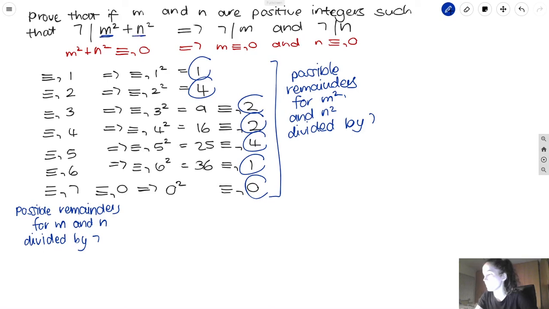So what these values tell us is that m squared plus n squared is going to be congruent to 0 mod 7. So we know this is true. And we can rewrite m squared and n squared as being two of these numbers.